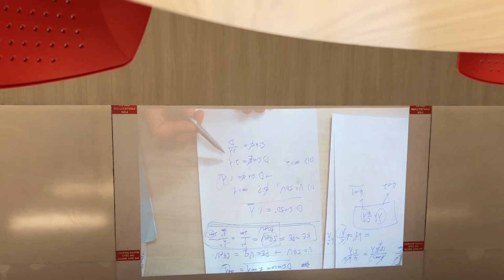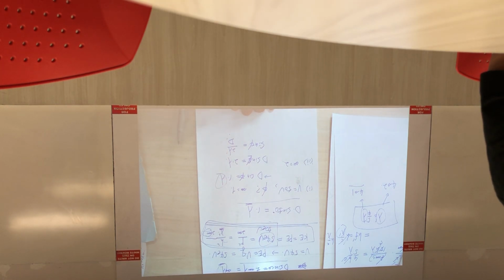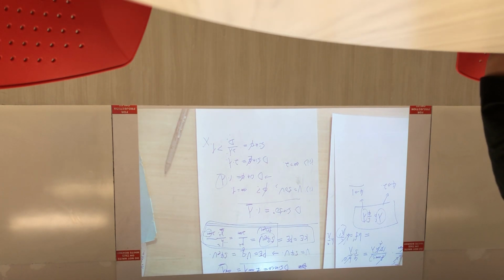Those numerical values are already determined earlier. If you just substitute those numerical values, you will see that this is larger than 1. Of course this does not make sense, therefore we are not going to see the second order diffraction. We will only see the first order diffraction.